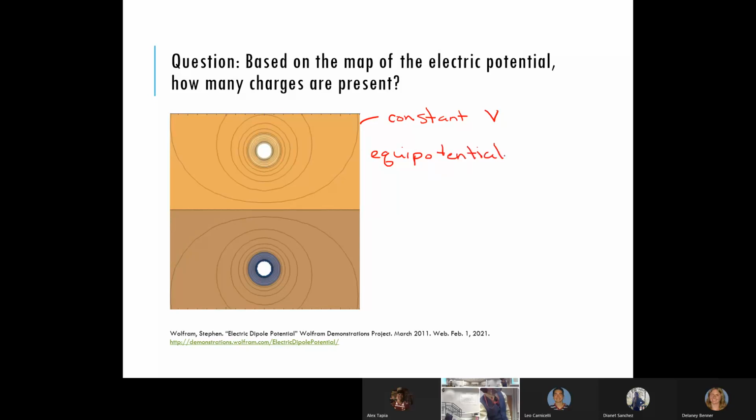I'll put in here either line, or sometimes you'll hear it called an equipotential surface. So if you're just looking at this two-dimensional map, each of these lines is an equipotential line. Or if you end up thinking about three-dimensional objects, it would be an equipotential surface.